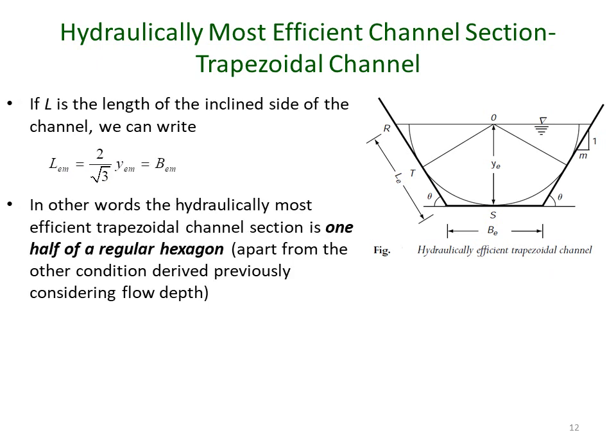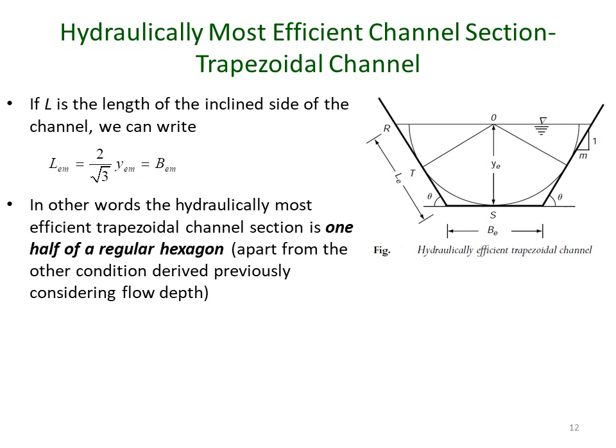Looking at the figure again, the length of the inclined side of the trapezium L can be written as L equals 2 by root 3 into Y, or LEM equals 2 by root 3 into YEM. And this is equal to the base width BEM of the hydraulically efficient channel.